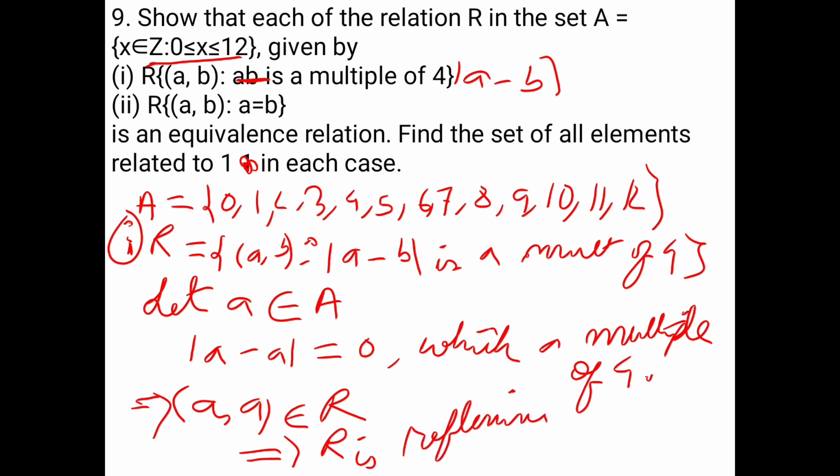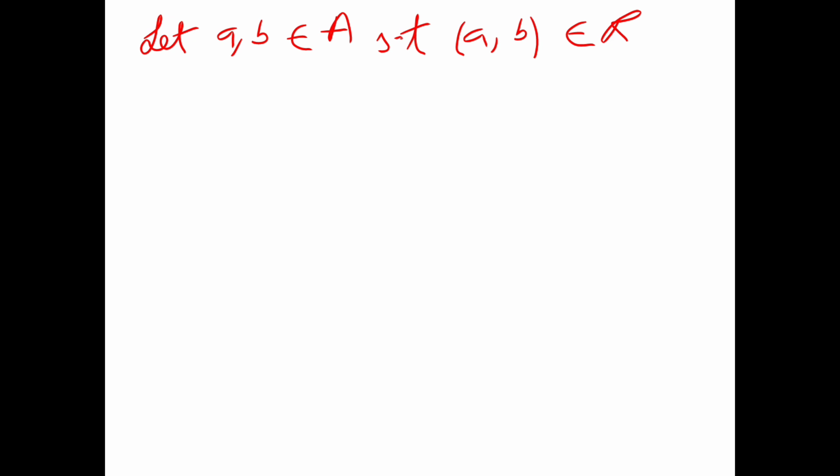Now check symmetric. If two elements A and B are related, such that A is related to B, then by definition the difference of A and B is a multiple of 4.